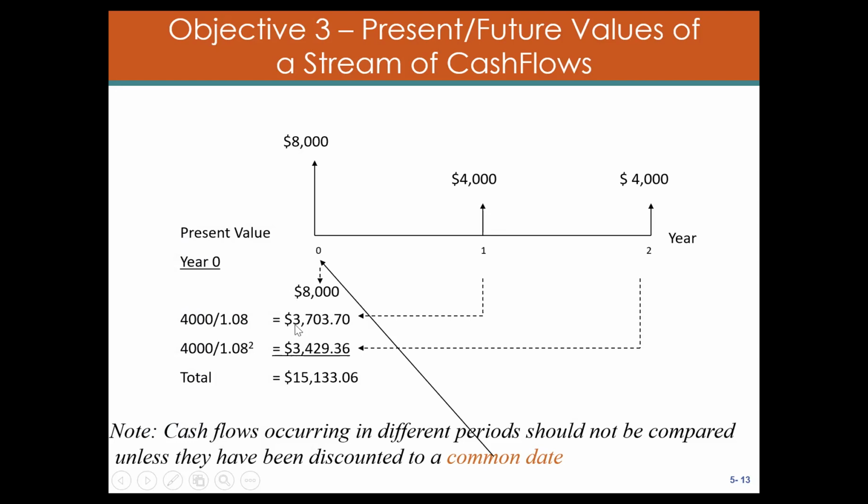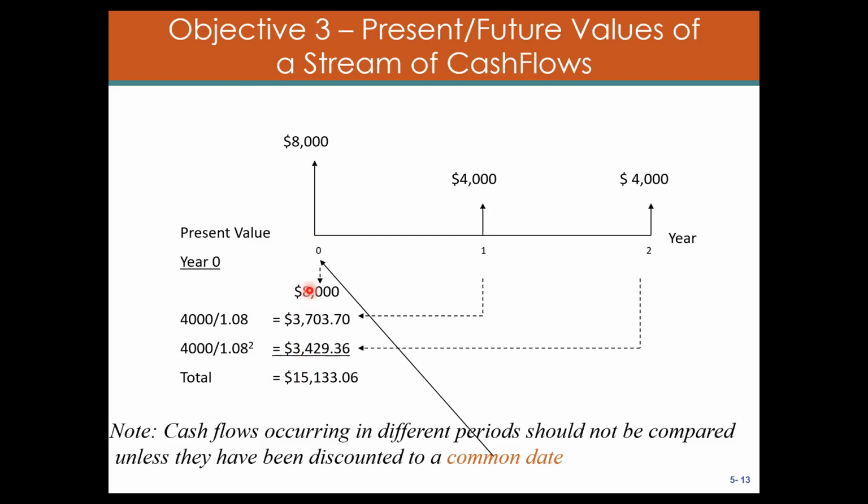That is the present value of this 4,000 received in year 1. What is the present value of 4,000 received in year 2? 4,000 divided by 1.08 to the power 2, which is equal to $3,429.36 today.